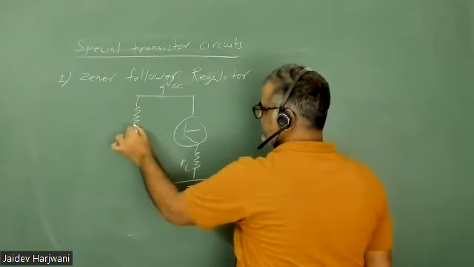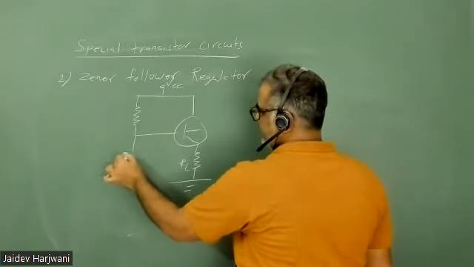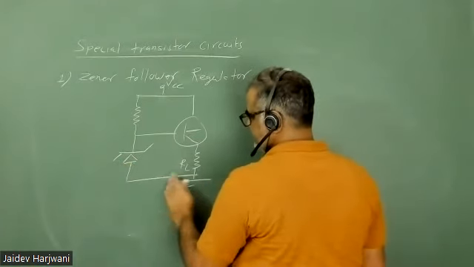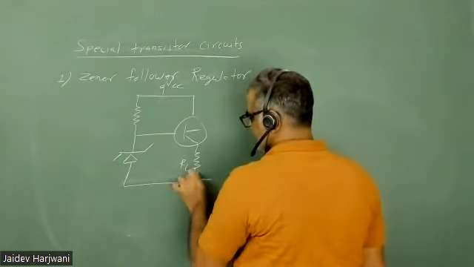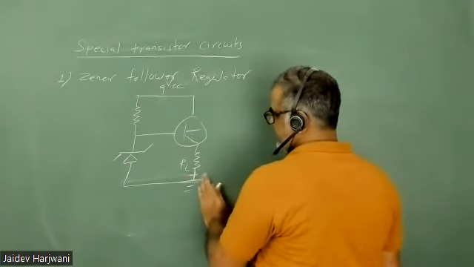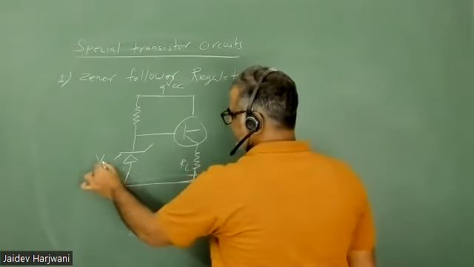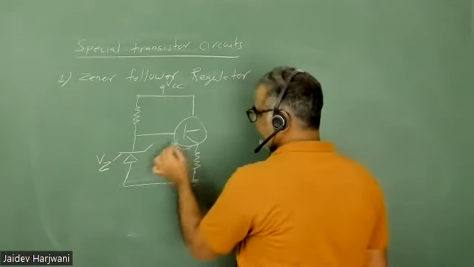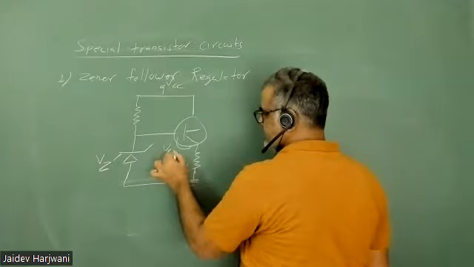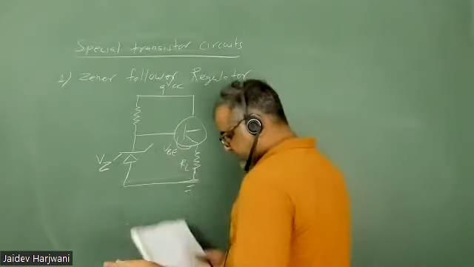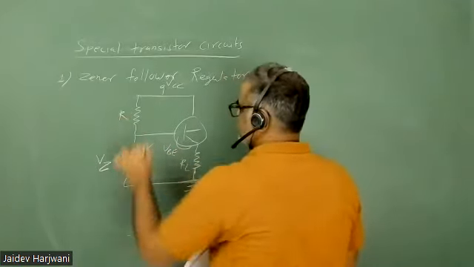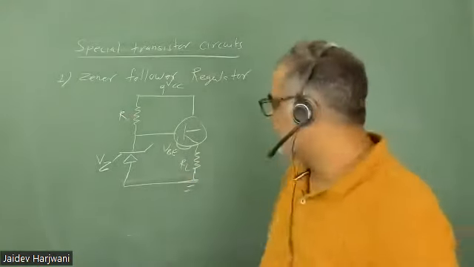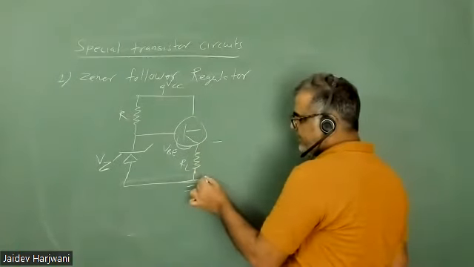Here one resistance is there, and current is there, and here I'm connecting this Zener diode, which has Zener voltage VZ, and this is your VBE. So this resistance is R. And I'm interested to find the V naught here.